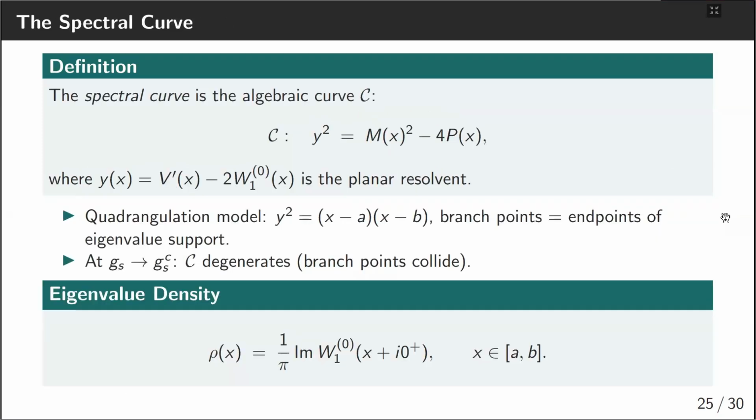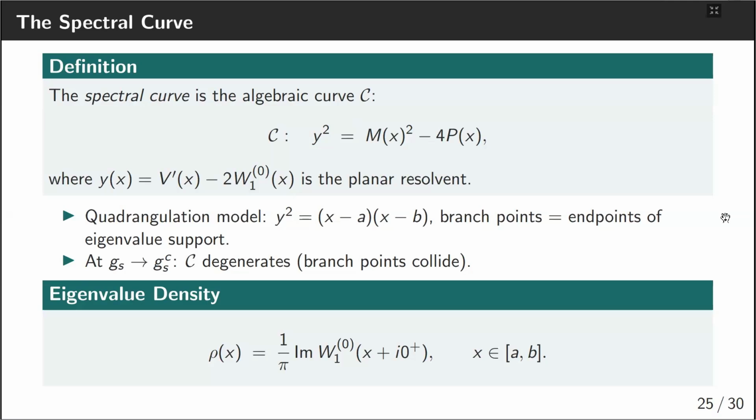And then we have a spectral curve definition. The spectral curve came up before, and it's an algebraic curve such that y squared is equal to M(x) squared minus 4P(x), where y(x) is defined like this, and it's the planar resolvent.